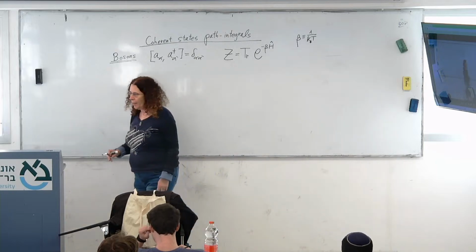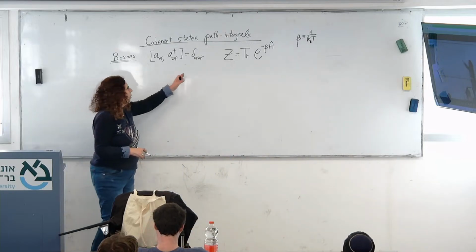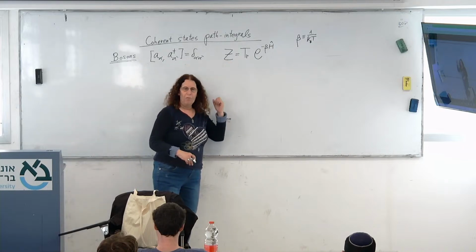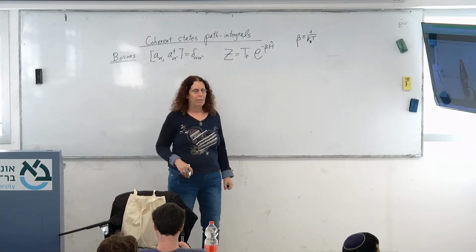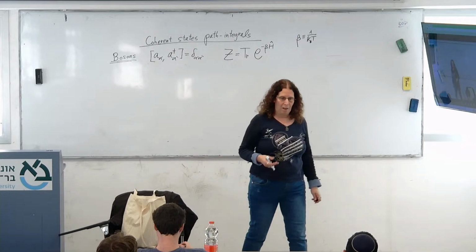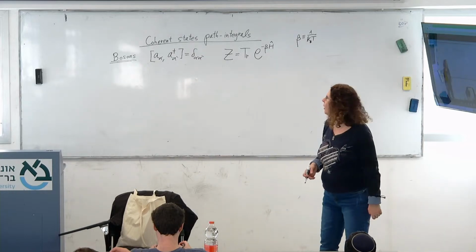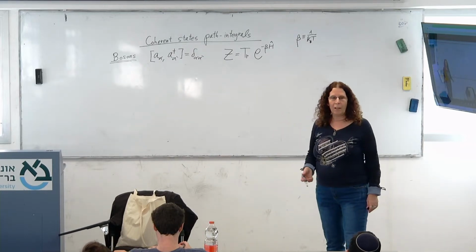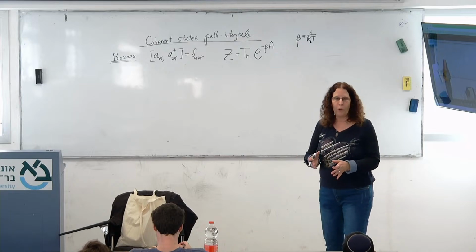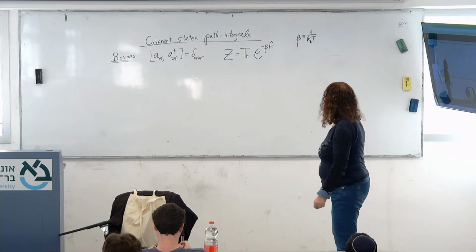So I want to remind you of the philosophy of constructing the path integral. We did it last week for a single particle, and we can do it in each problem for the appropriate basis of states.